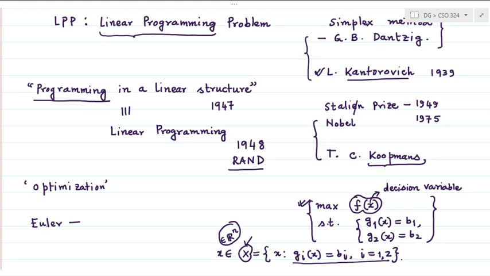A few topics of marketing are advertising budget allocation, product introduction timing, selection of product mix, deciding the most effective packaging alternative, etc. So these are just a few applications of operations research or of linear programming problems.